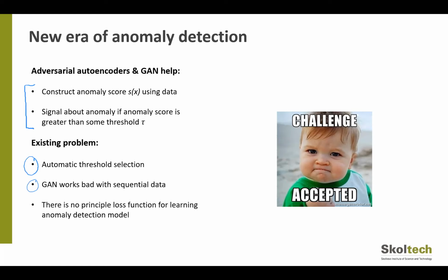Also, and we will talk about this during the next lecture, there is a completely different problem setting where I suppose there is little involvement of deep learning at all. In this case, we are not talking about anomaly detection, but about change point detection. We suppose that at some point we observe a change in the distribution of data, and we want to identify the change with as small a delay as possible.